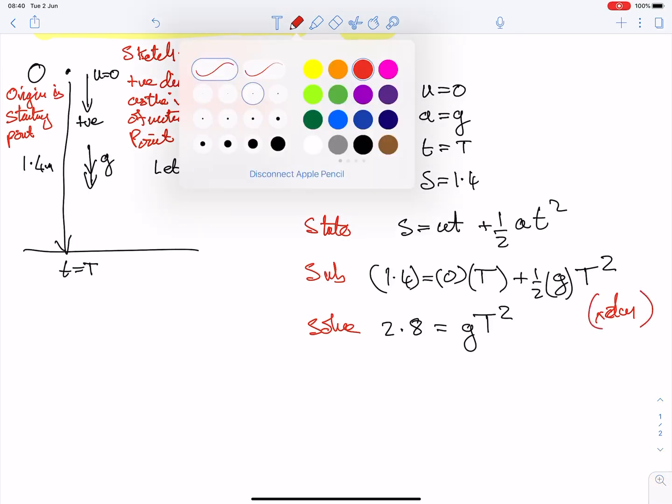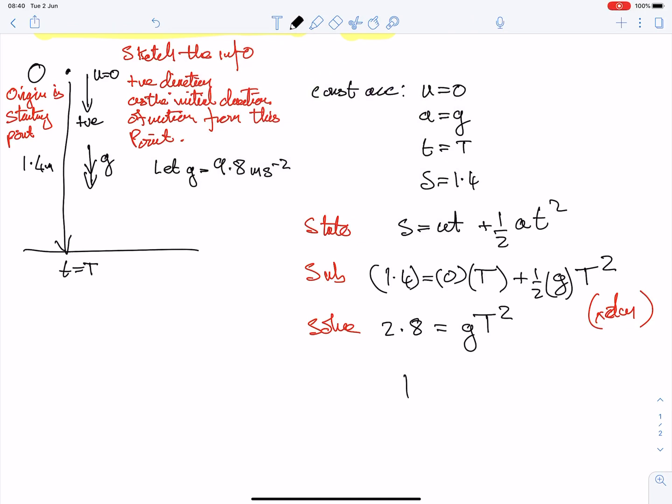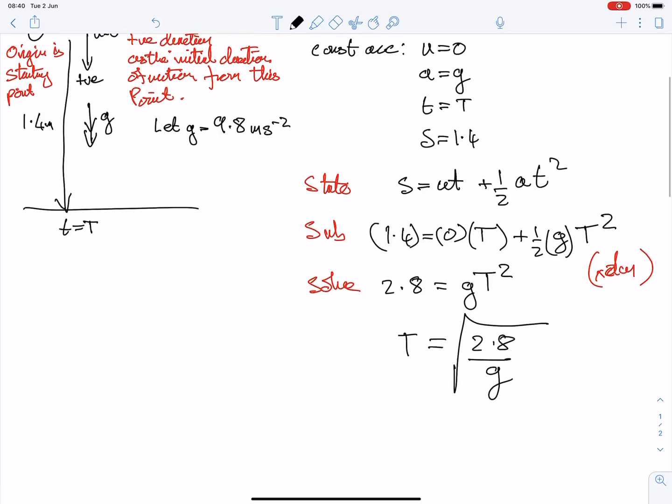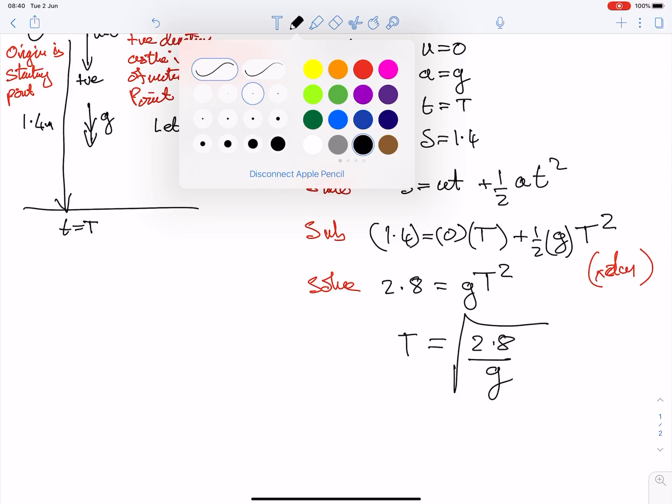And now we can divide by g and square root. So t is equal to 2.8 over g, square rooted. I would probably rather write the 2.8 as 14 over 5.